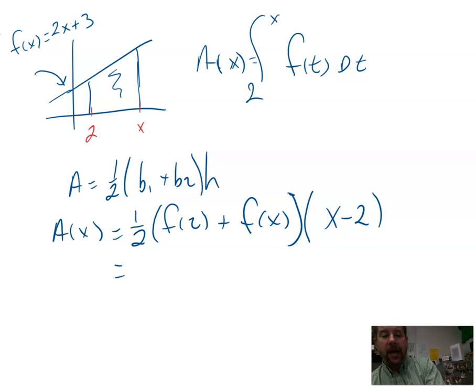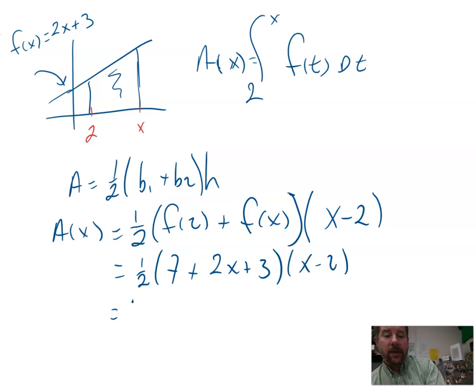And so now I can plug in here 1/2, f of 2 is still 7, plus f of x, which is 2x plus 3, and then times x minus 2. We can go 1/2 times 2x plus 10, times x minus 2.